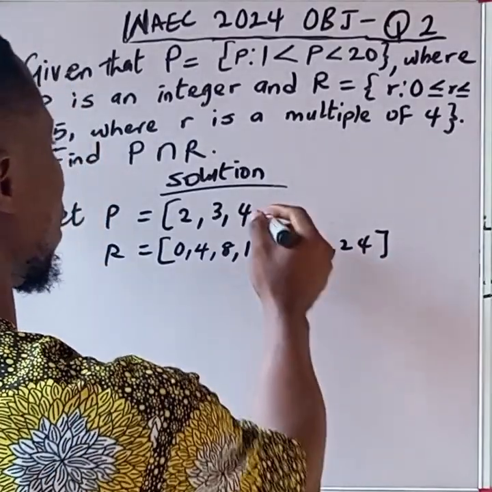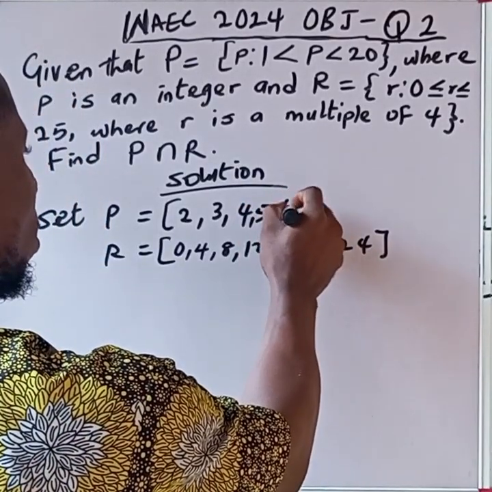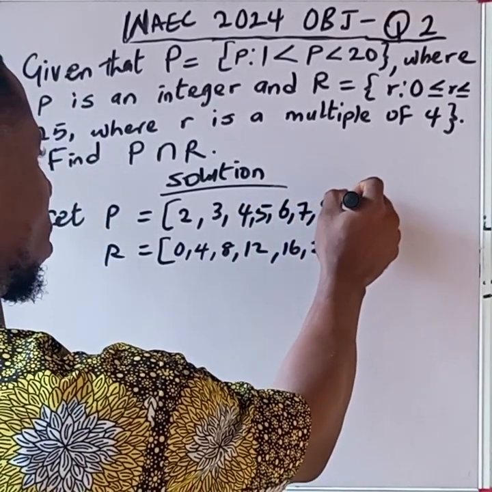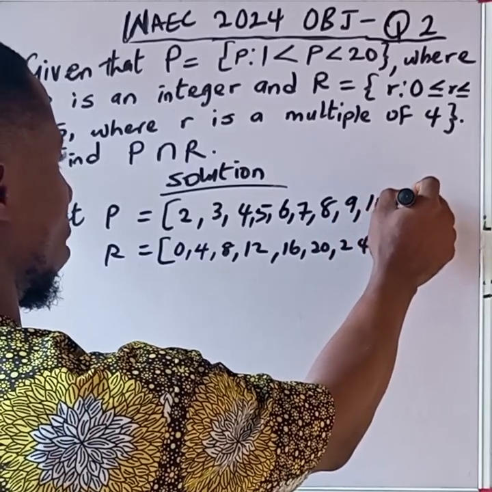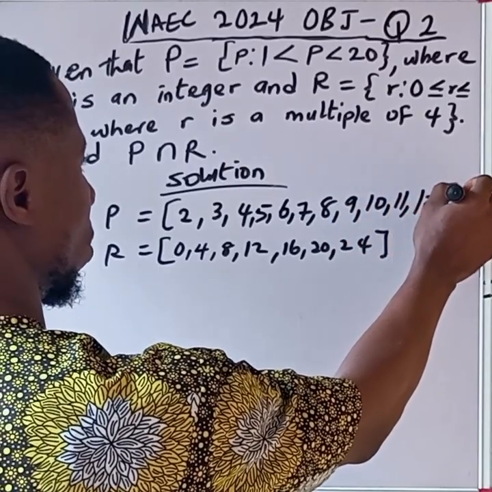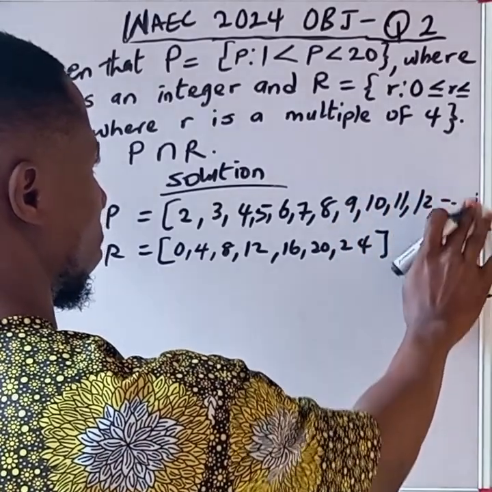Okay, let me write it: 4, 5, 6, 7, 8, 9, 10, 11, 12, up to 19.